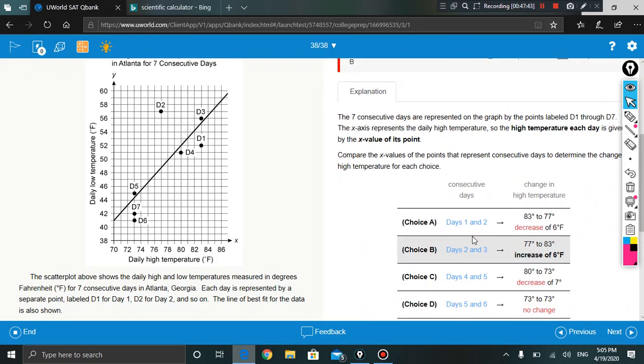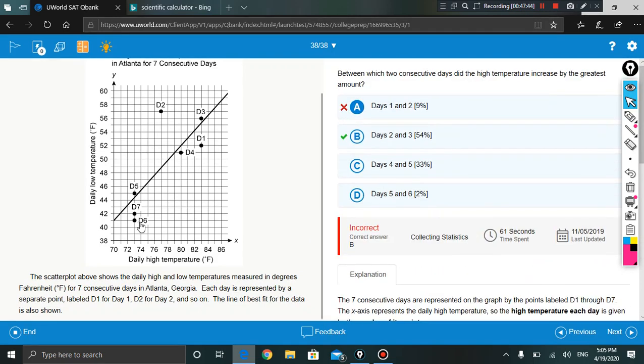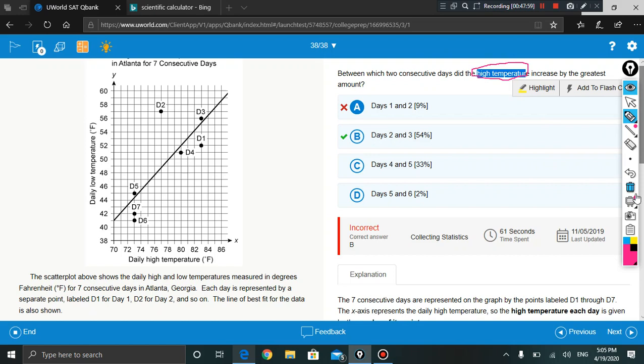It's always like that. So we should have looked at the high temperature, right? Yes, we should have looked at this one. Of course, I was a little bit not attentive. But it's okay, that's the only mistake we got.